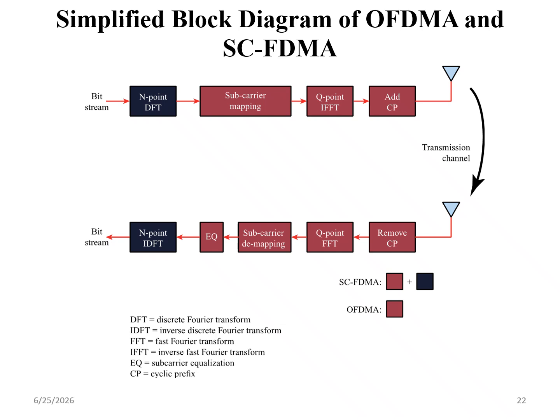Next, EQ means subcarrier equalization. With the help of subcarrier equalization, we go for inverse discrete Fourier transformation, and then we get the output. So this was the simplified block diagram of OFDM as well as SC-FDMA. SC-FDMA adds the concept of DFT, discrete Fourier transformation, in the transmitter.